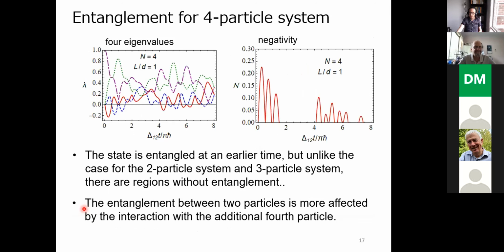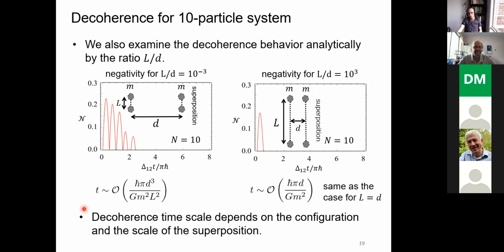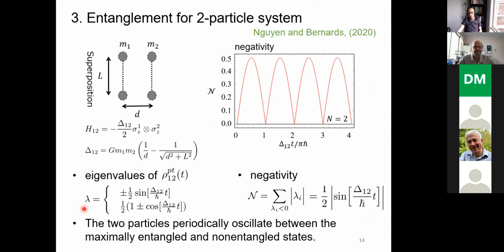Sorry, your question is about a ten-particle system? Well, two particles. Two particles, okay. Like they're in superposition, but they will attract each other due to their own gravity. And how is that dealt with?